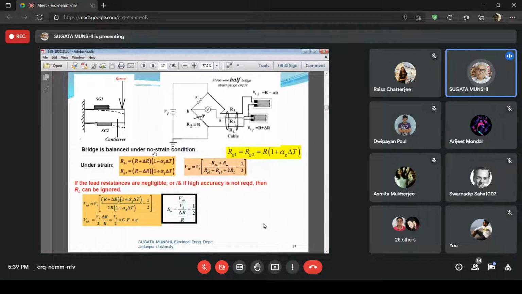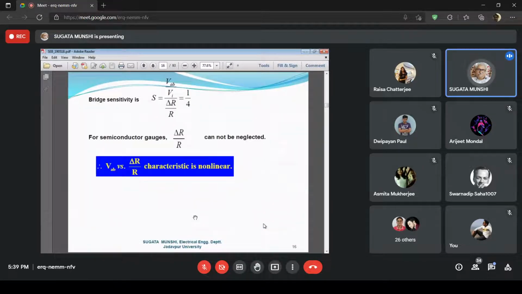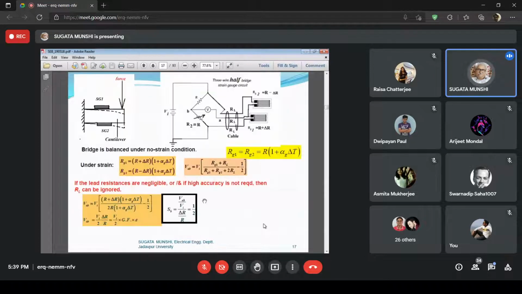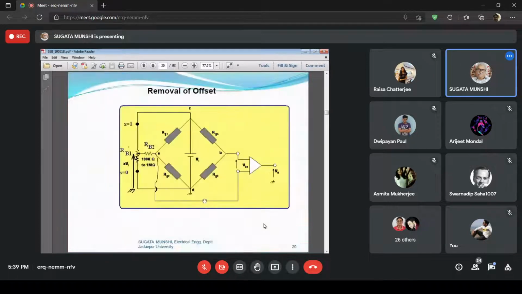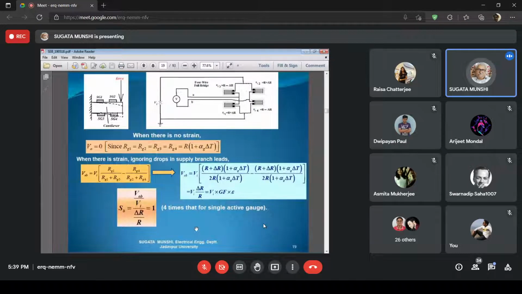Sensitivity for two active gauges was half. Sensitivity for a single gauge was 1/4. Now it is 1, 4 times that for a single active gauge. So sensitivity is increased. Lead resistances don't affect the measurement. And there is perfect temperature compensation, which was not there in the earlier cases because of the lead resistances.